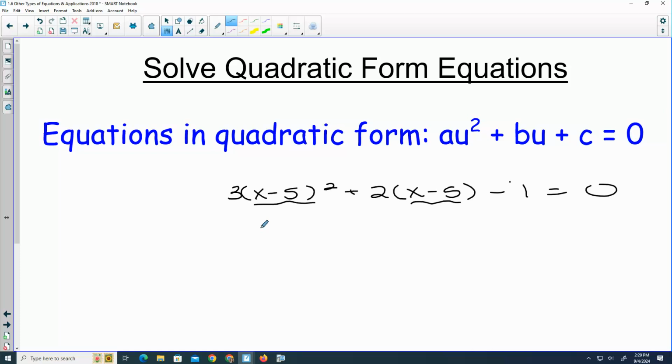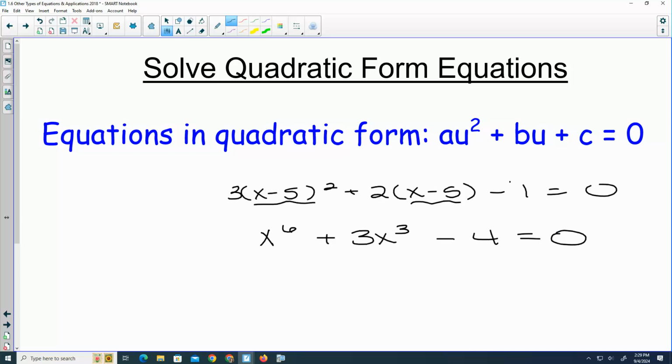Or if I said x to the 6th plus 3x to the 3rd minus 4 equals 0.